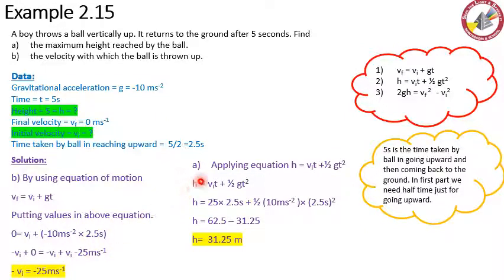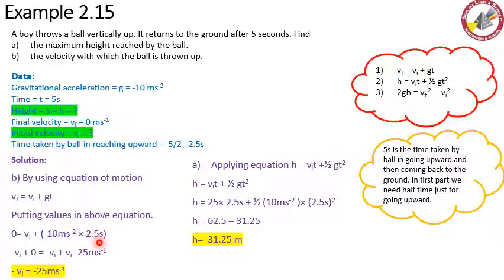And to find out the height, now we will use the second equation of motion, and by putting the values in it and solving it, the height will be 31.25 meters.